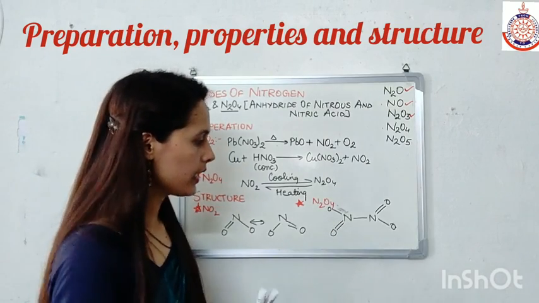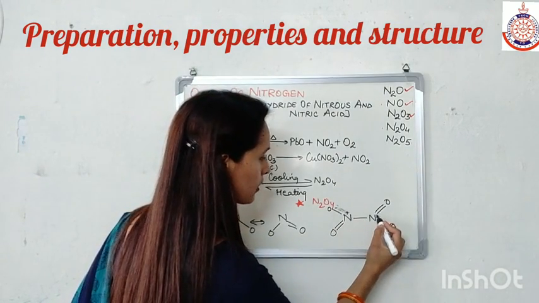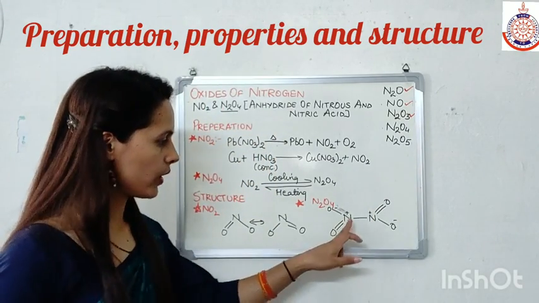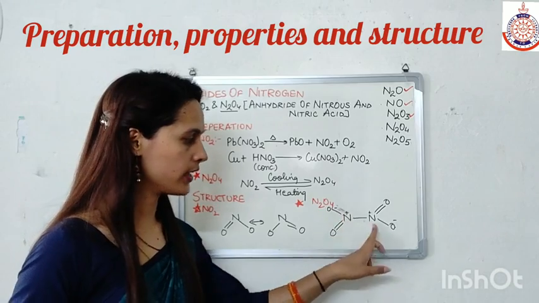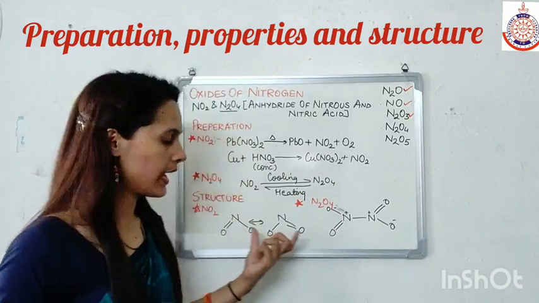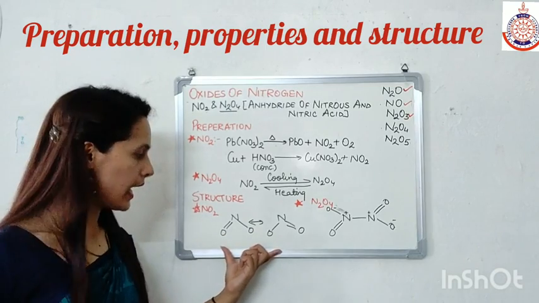Clear? Here positive, negative, positive, negative. So overall it becomes neutral. So this is the structure of N2O4 and this is the structure of NO2.